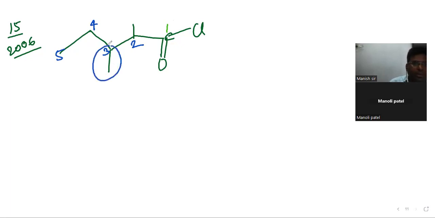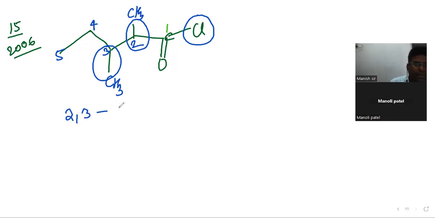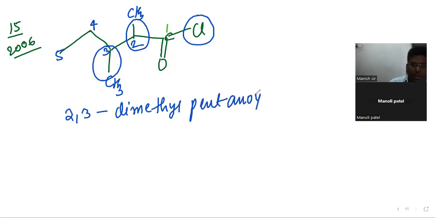This is your branching and this is also branching. It is nothing but CH3, this is CH3, right? And this will be the suffix. So it is 2,3, with 2 and 3 carrying a methyl group. So it is dimethyl pent, so it is pentanoyl chloride.